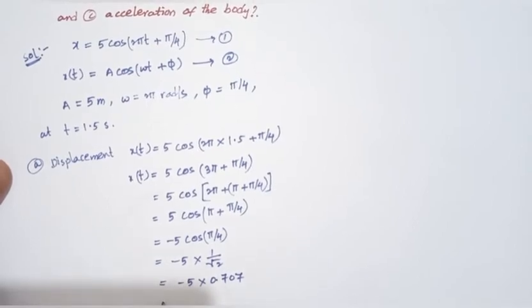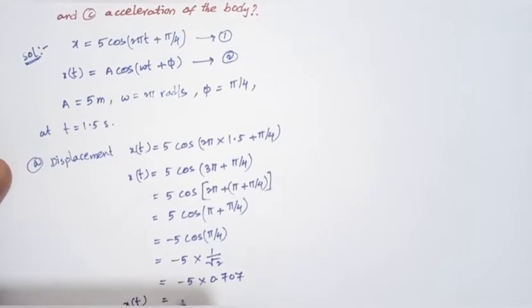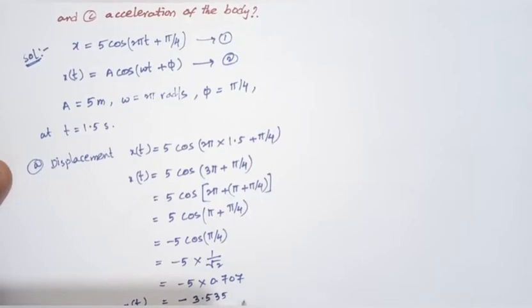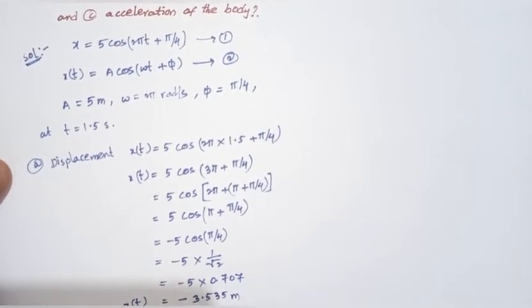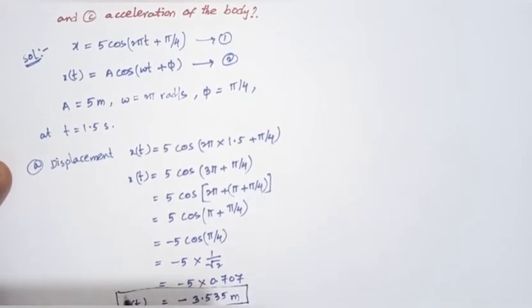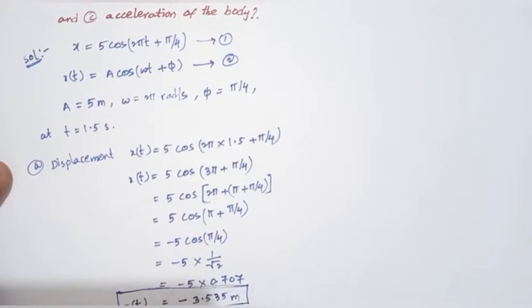The value is x(t) equals minus 5 into 0.707, equals minus 3.535 meters. So this is the displacement of the particle at time t equals 1.5 seconds.